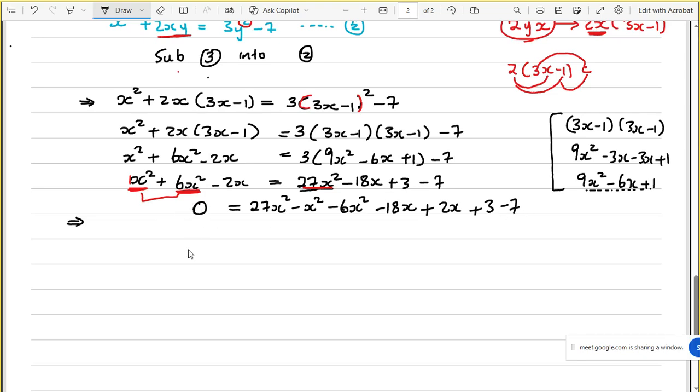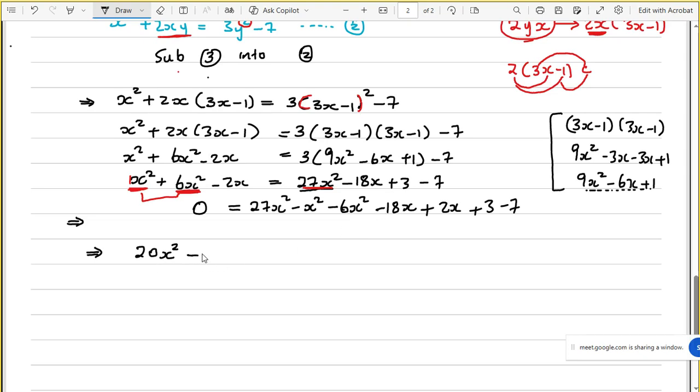Everything is 0. So now this equation can be written as 27x squared minus x squared, that's 26, minus 6x squared, that's 20. So this will leave me with 20x squared. Then minus 18 plus 2x, that's minus 16, okay?